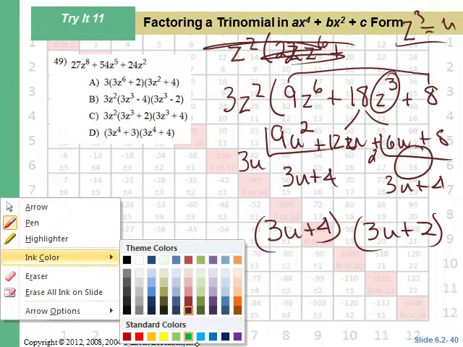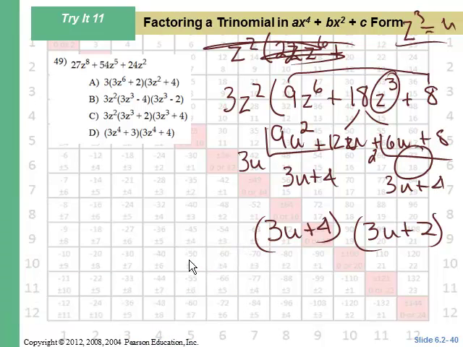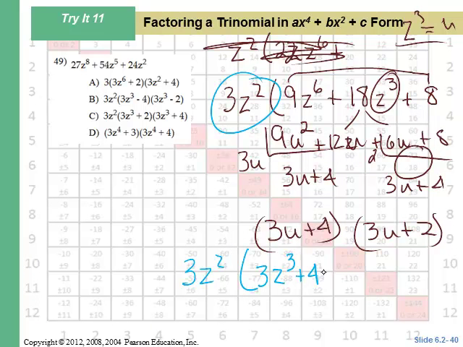So when we get all done, we've got 3z squared out front, 3z cubed plus 4, 3z cubed plus 2. And that's this one right here.